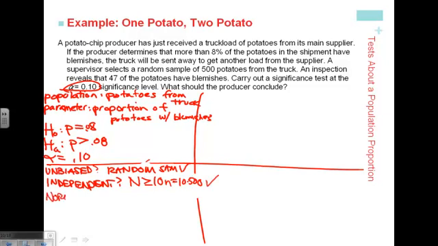Lastly, normal. Well, N times P, which is 500 times 0.08, which is 40. 40 is greater than 10.